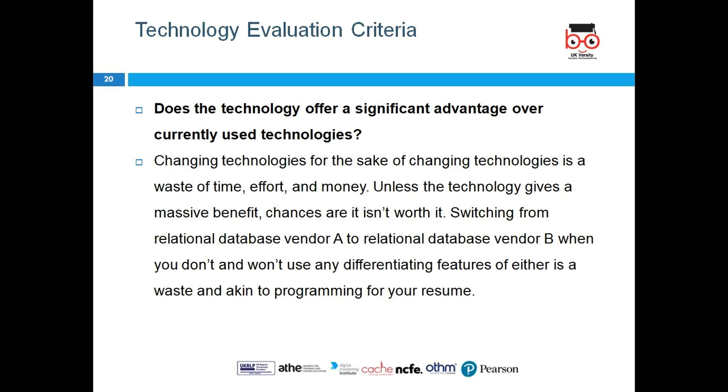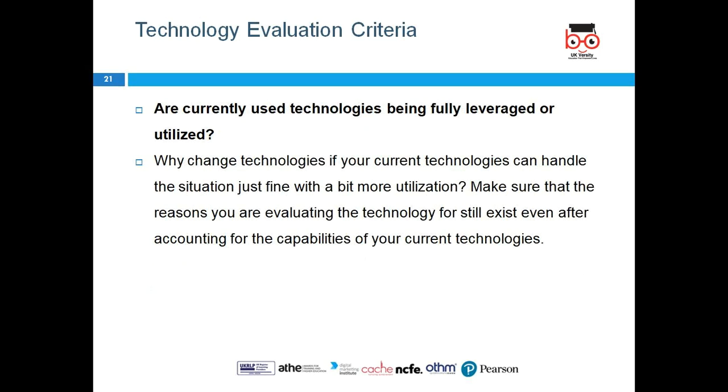You can make a mistake if you try to offer your boss an upgrade to, let's say, anything else, and there isn't a significant change, then you are making the wrong decision, isn't it? Few more: are currently used technologies being fully leveraged or utilized?